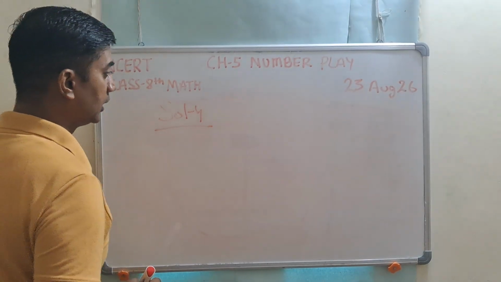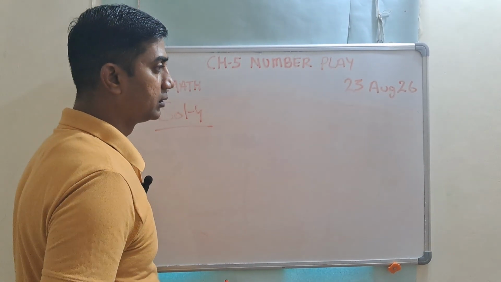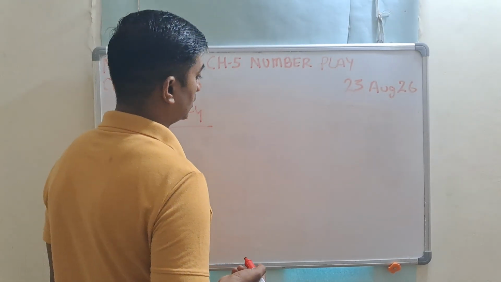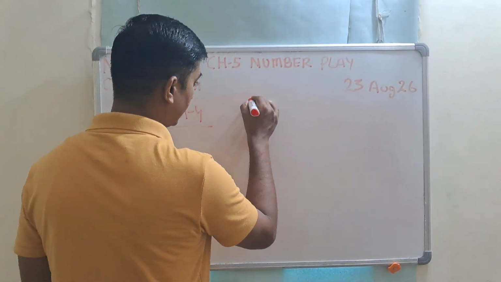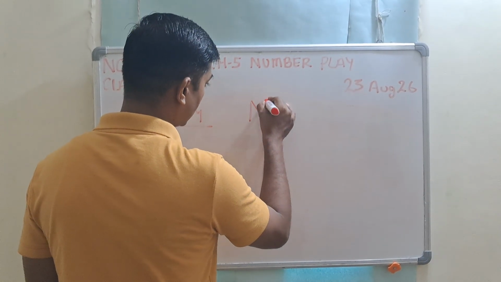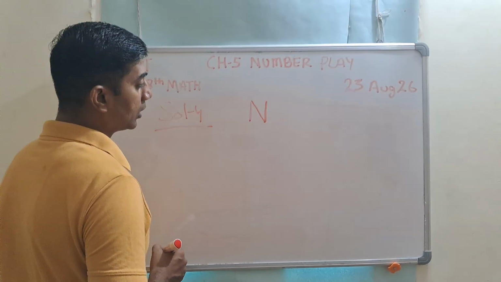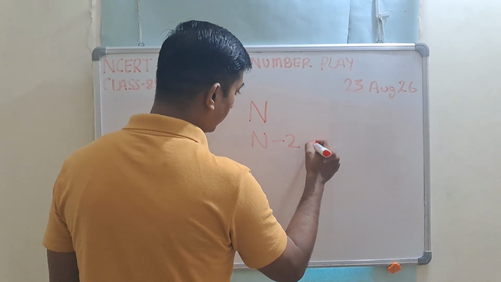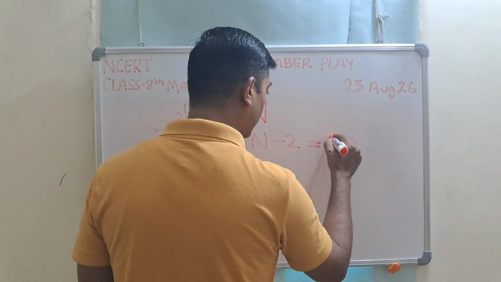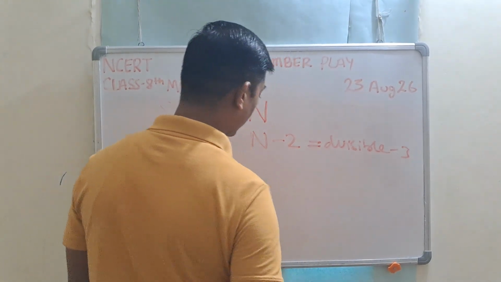Solution 4. Now see, suppose that number is n, which is giving us remainder 2. It means if we subtract 2, n minus 2 is divisible by 3, according to the question.